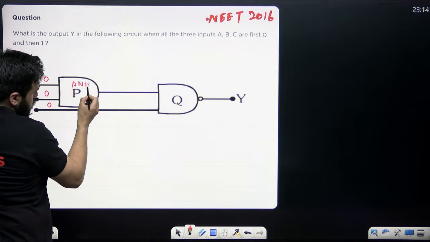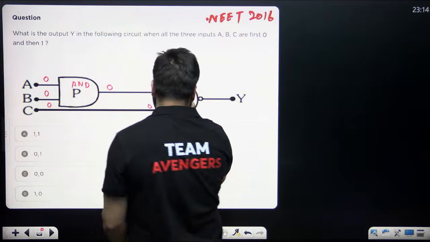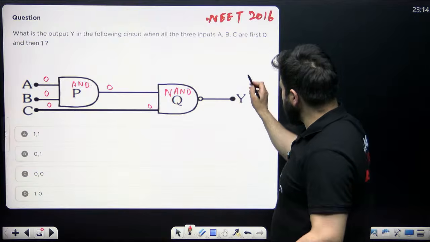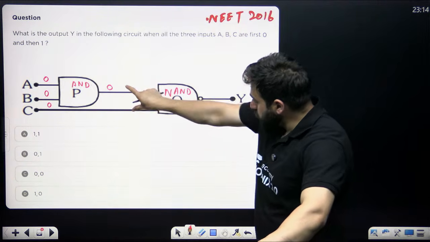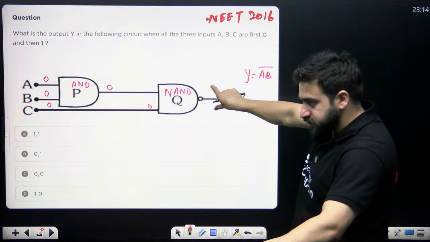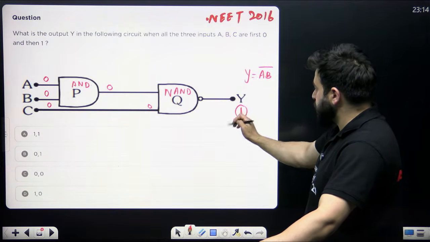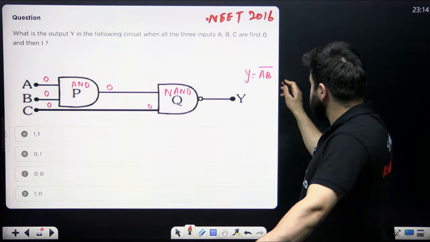Its job is to do multiplication. 0 into 0 is 0. Now this 0 will go over here. This is NAND. What is the final output of NAND? That is AB bar. So now 0 into 0 will go over here. 0 into 0 is 0. Now 0 bar is 1. So when the first output is 0, it is 1.